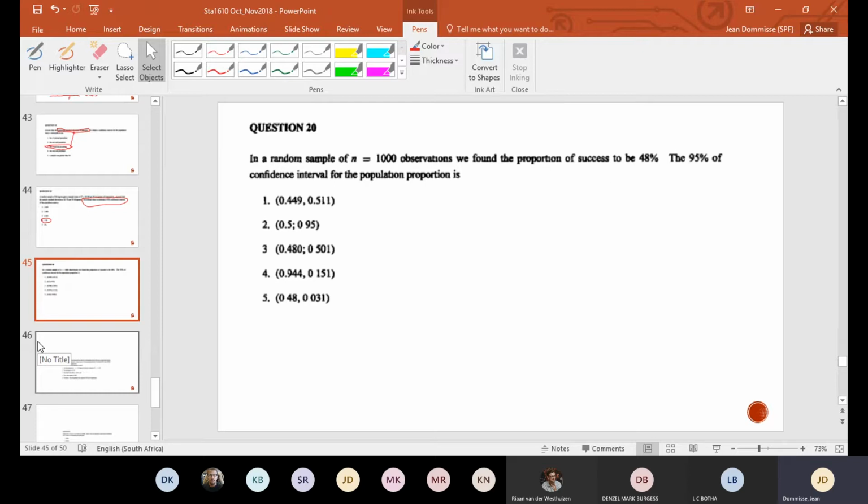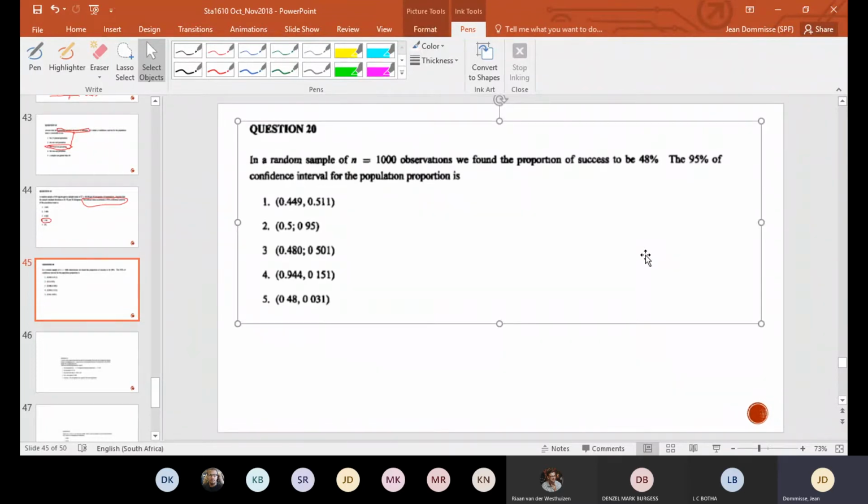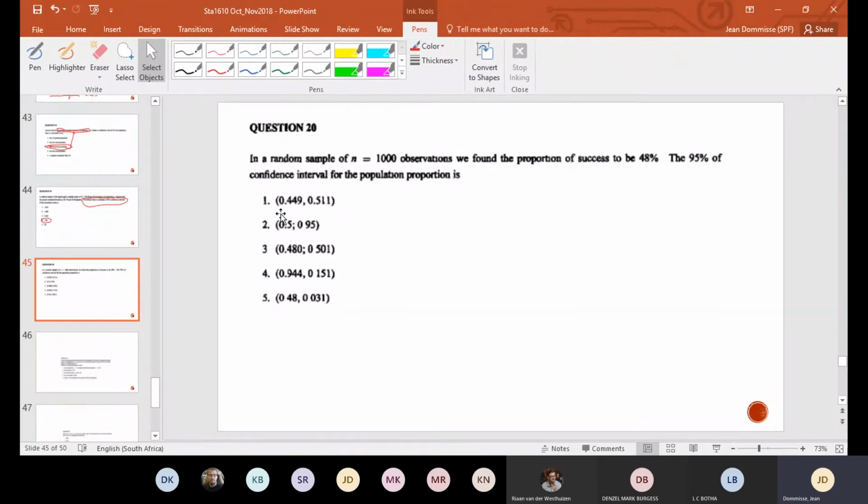If you look at question 20, the other thing they can change in here is the 95 or the 90%, just to mix it up a bit. But the rest of the calculation is exactly the same.